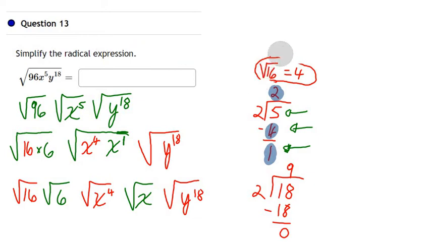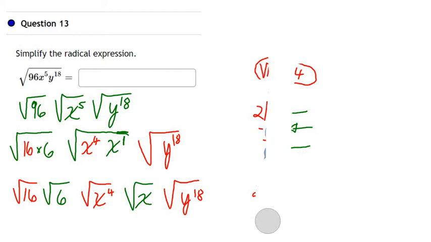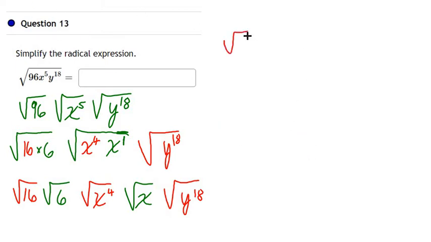All right, so what I'm going to do now is go through and group all those red ones, the ones I know I can simplify further, like the square root of 16. That one I know is just 4. And the square root of x to the fourth, I'm going to write as the square root of some power of x, squared. And all I have to do to figure out what that power of x is, is divide 4 by 2, and I'll see that it's going to be x squared.